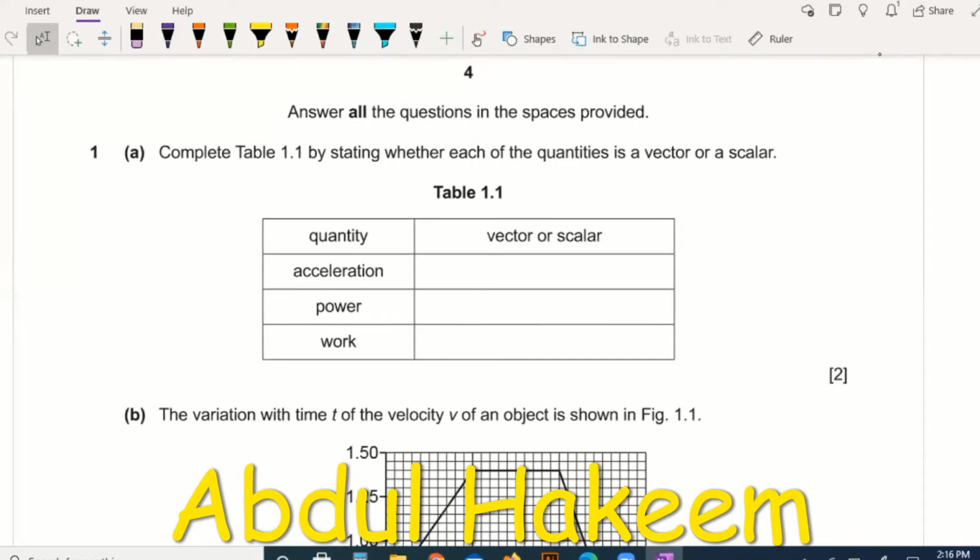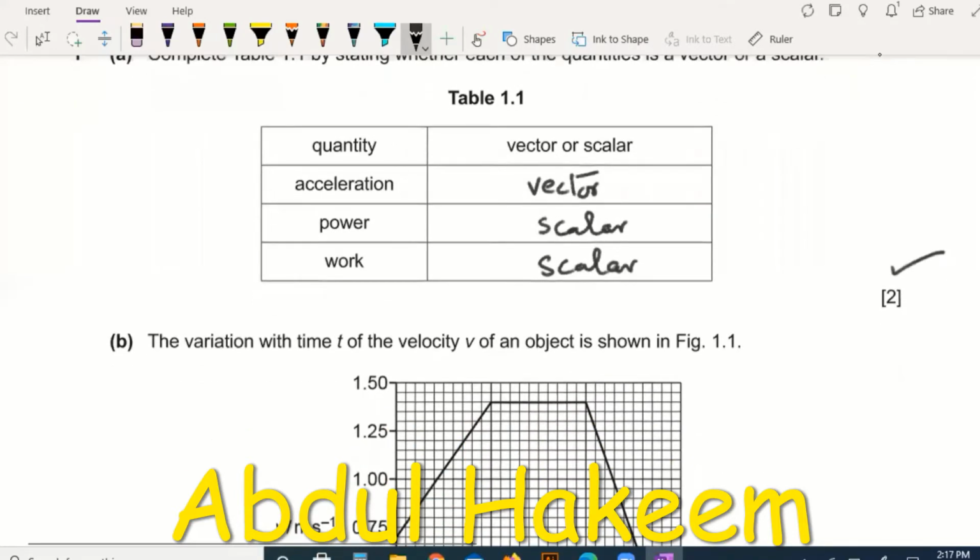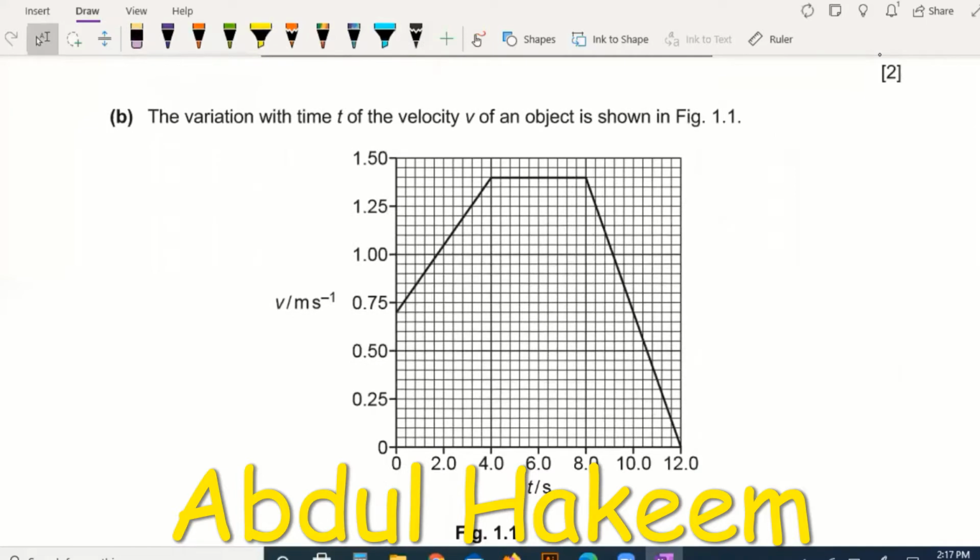Very simple. Acceleration is a vector. Power is a scalar, and work is also scalar. So that is a 2-mark question.